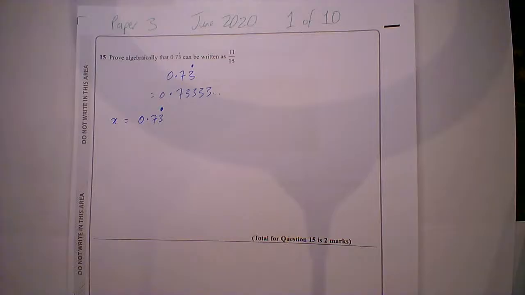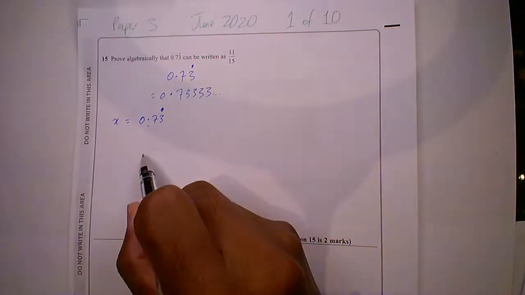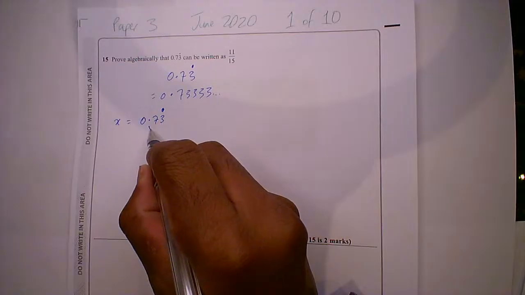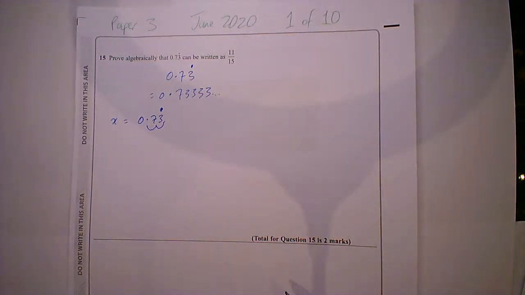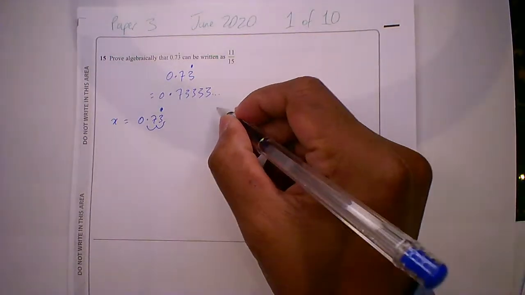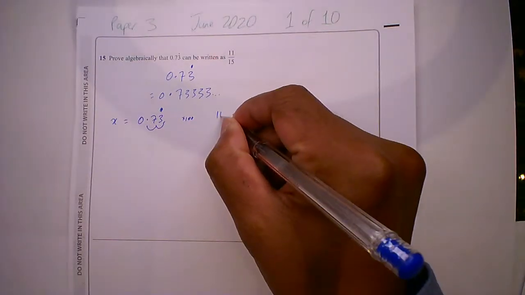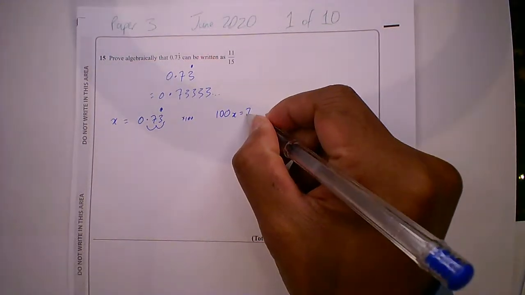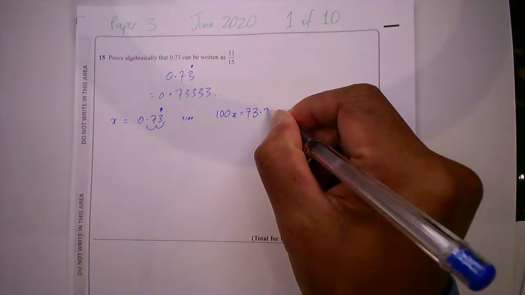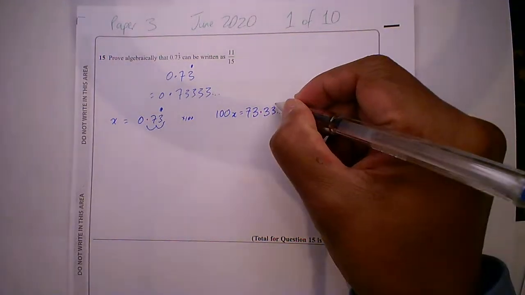The next thing I'm going to be looking at is I can see that I'm going to turn this into a whole number. So there are 2 place values here. So I'm going to be multiplying it by 100. So I'm going to say that this is now 100x. So 100x equals, this becomes 73.3. I'm just going to write it out a bit more so you can see it's like that.